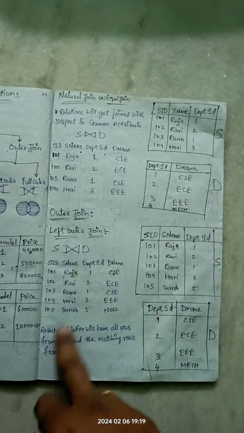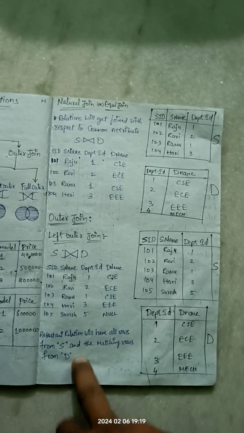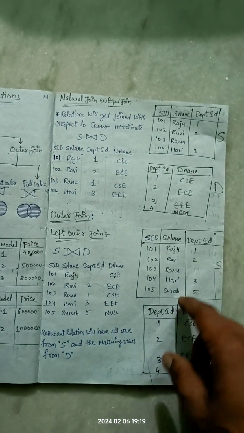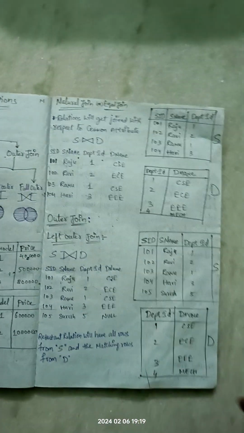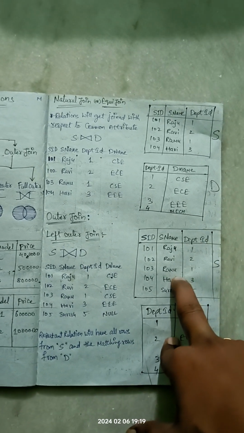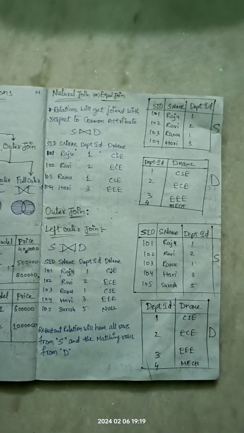For left outer join and right outer join you should definitely write this example. Without writing the example, if you write only theory, you will mostly not get marks.